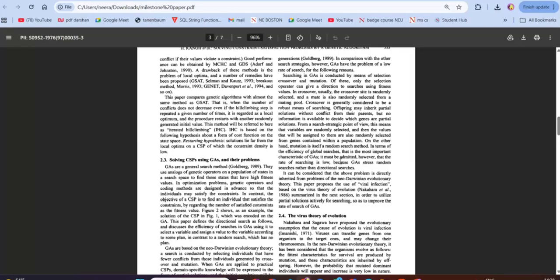Now, the main innovation, GAVI, which stands for genetic algorithm using viral infection, keeps the standard GA skeleton, population, roulette selection, uniform crossover, but removes the mutation. In its place, a separate virus population is created where each virus is a constraint scope paired with one of its allowed value pairs.